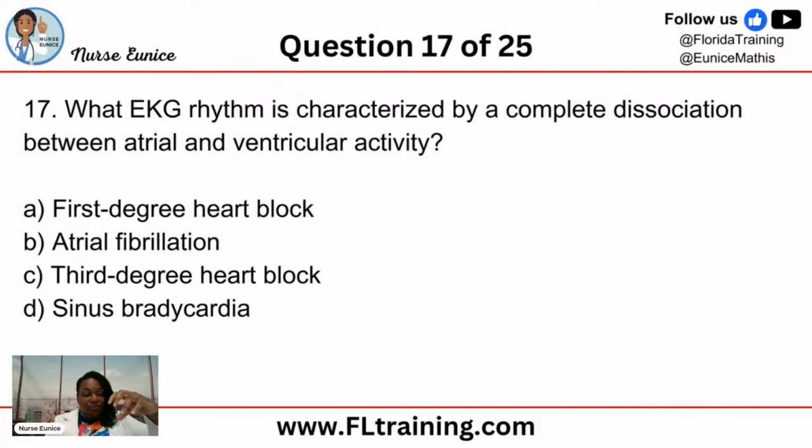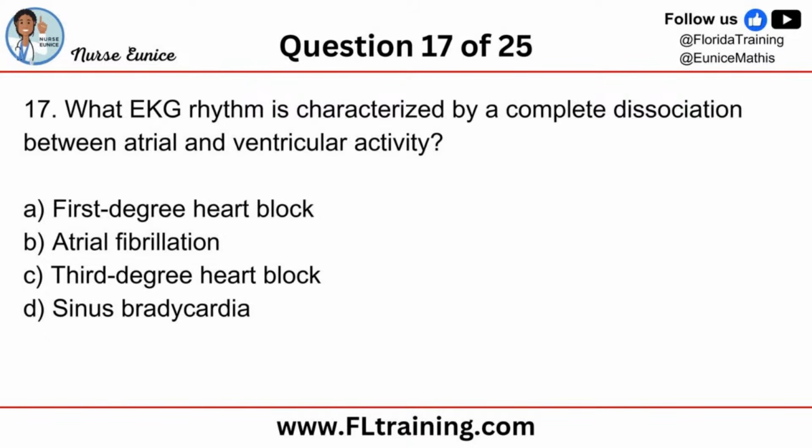So the atrial, the top part of the heart is doing its own thing, and then the bottom part of the heart is doing its own thing, and they're not in sync. And so this could be quite lethal. The person still has a pulse right now, but we need to get them seen by a cardiologist as soon as possible because this can progress to an even more lethal arrhythmia. So that is my hint. Which of these would be the worst rhythm before someone goes into asystole or ventricular fibrillation?